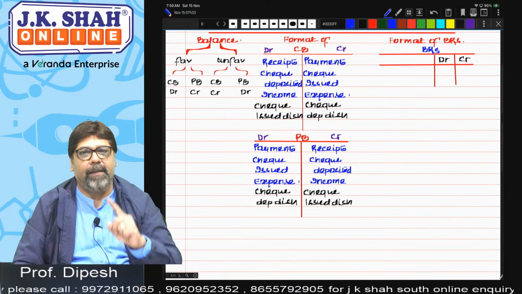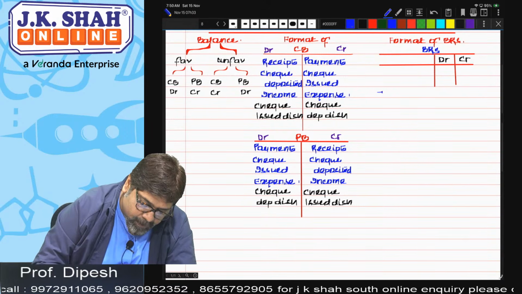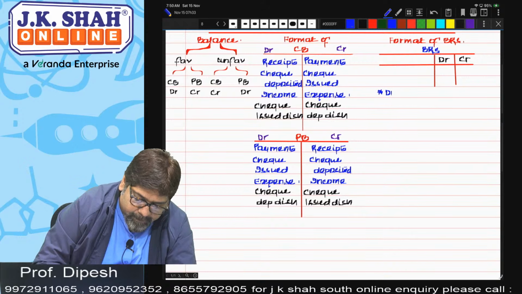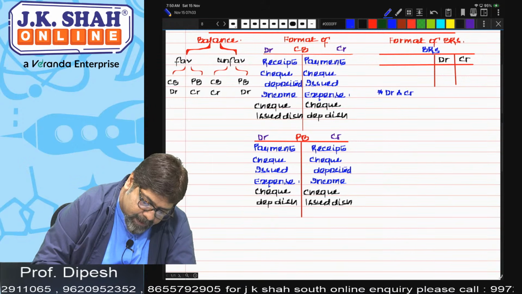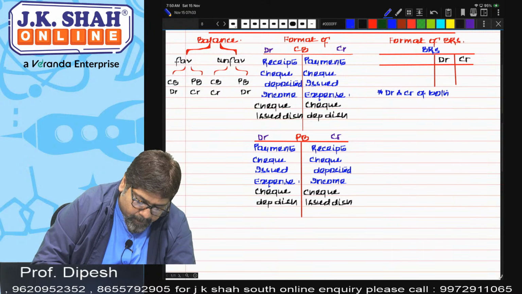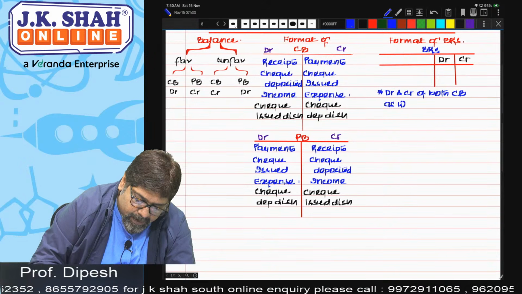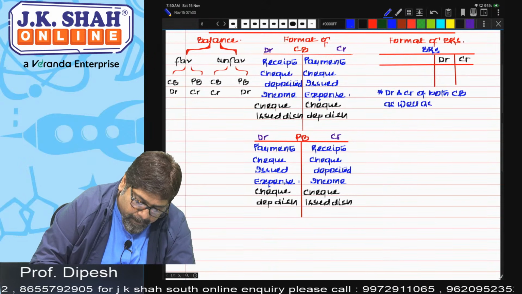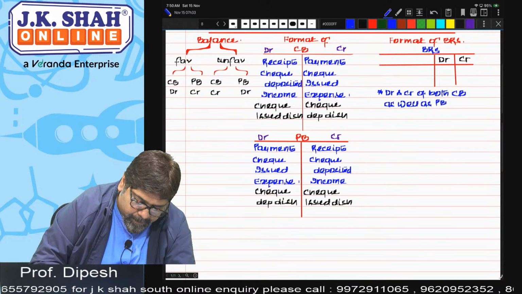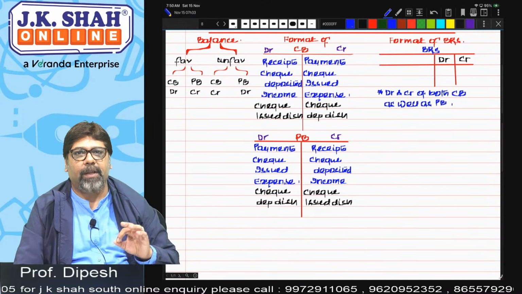This is debit and credit of both cash book as well as passbook. Correct?